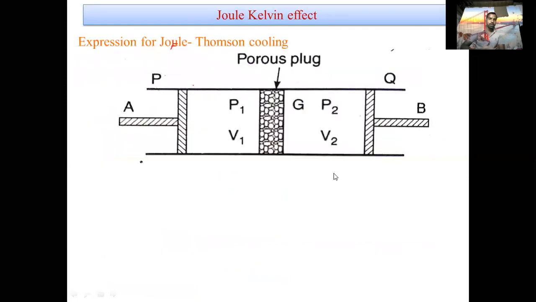Now the expression for the Joule Kelvin effect or Joule Thomson cooling effect, that is the expression for the final temperature or fall in temperature of a gas. Now to derive, we have to consider this cylinder having two pistons A and B. The first chamber has a high pressure P1 V1 and the second chamber has a constant low pressure P2 V2.